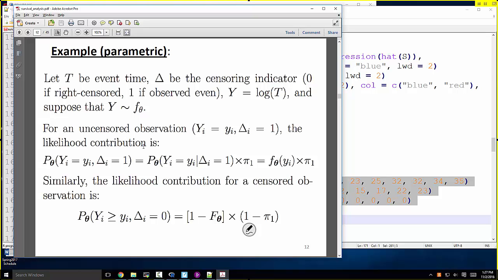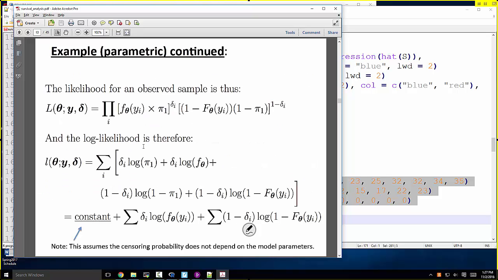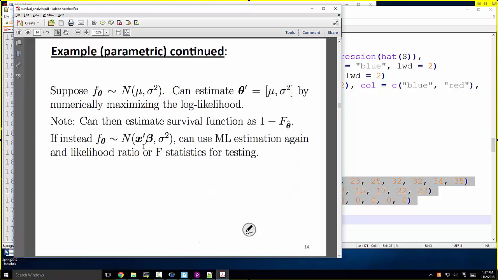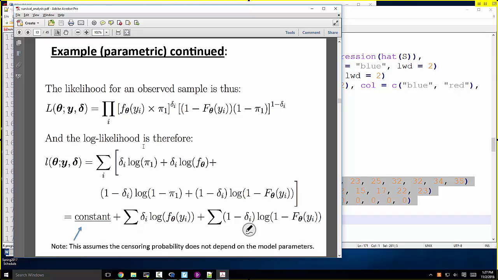The next couple of slides, beginning at slide 12, are working us towards a likelihood representation of censored data. So we remember hopefully what a likelihood is. If we have a random sample, IID data from some normal distribution, then the likelihood is the product of the densities evaluated at the observed data.